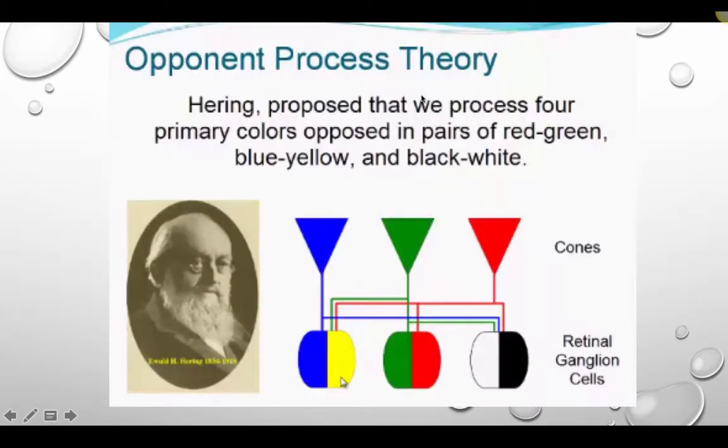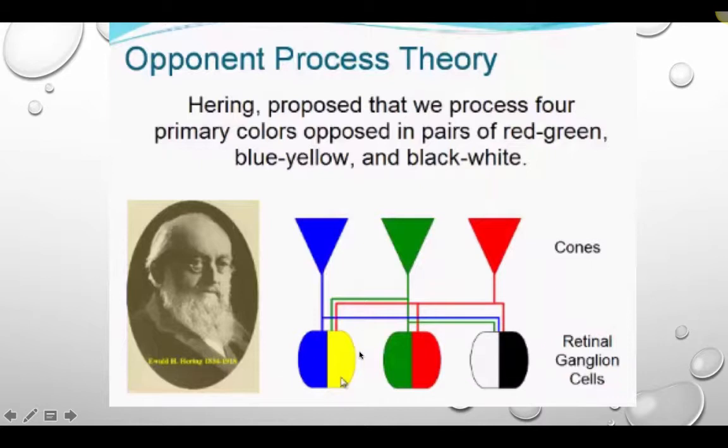Now the opponent processing theory proposed by Hering, this is a diagram that helps you visualize it. Remember, these are the cones: red, long wavelengths, green, medium wavelengths, and blue, short wavelengths, and how they feed into the ganglion cells. Now this is a blue-yellow pair. So what if more blue-on signals were being sent to this pair and less red and green?